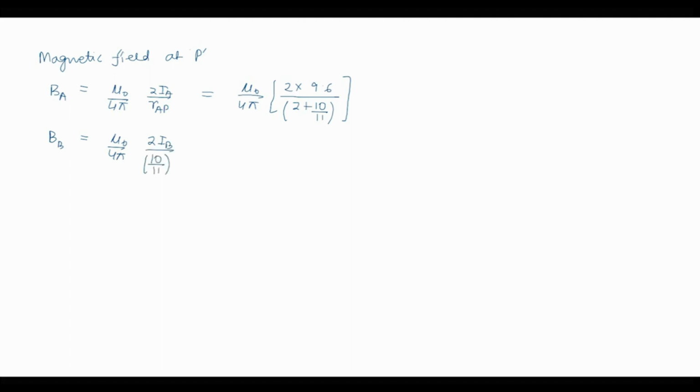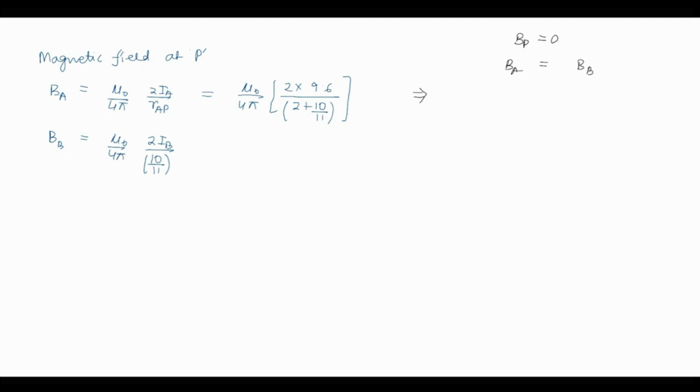Now from both these equations, for the magnetic field to be 0 at point P, the magnetic field due to A must be cancelled by the magnetic field due to B. We can solve it like this. The mu naught upon 4 pi term is common, and 2 is common.